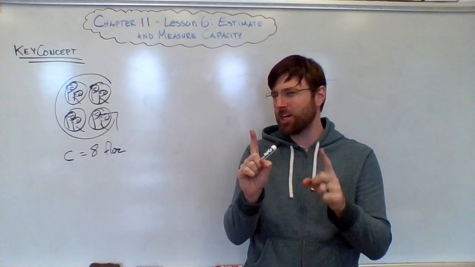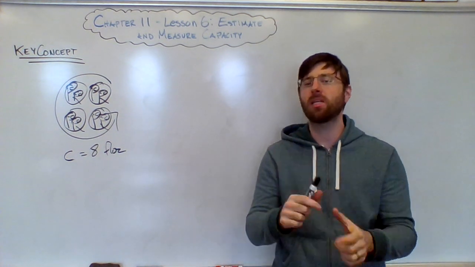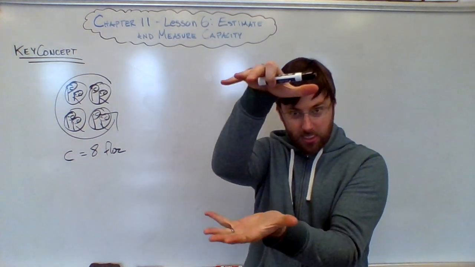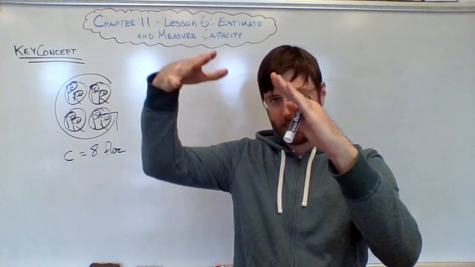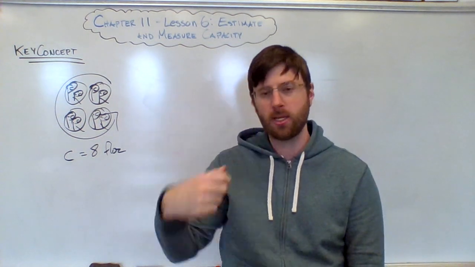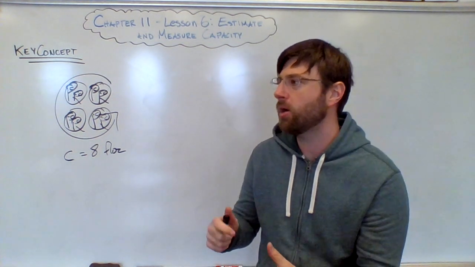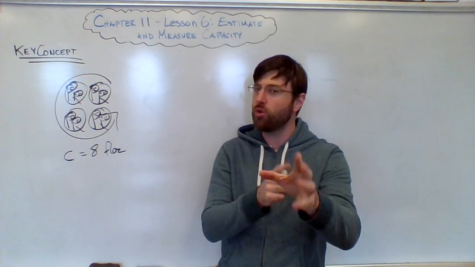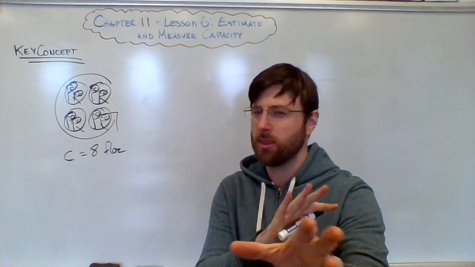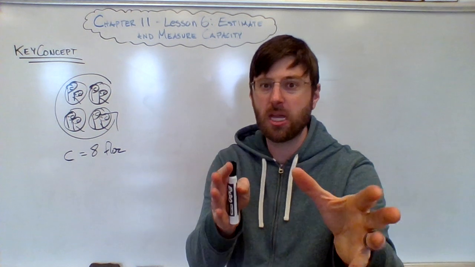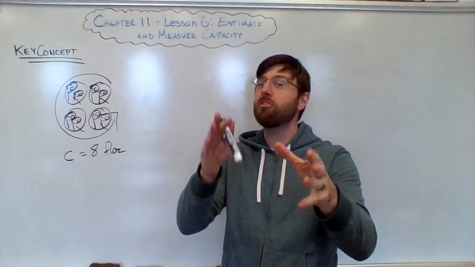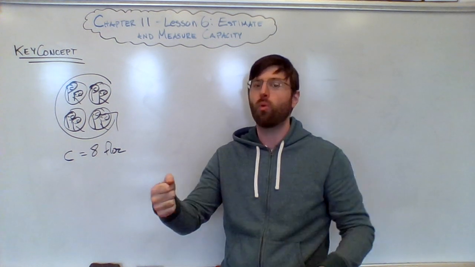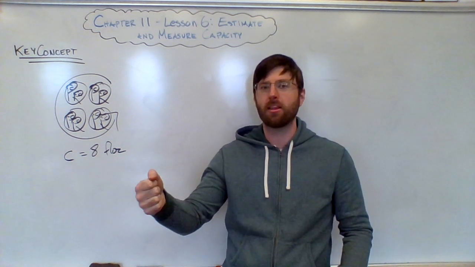Now that container, by the way, can be misleading for the actual space that a gallon takes up because it's shaped like this and it's got a handle with empty space on it. So the next time that you finish a gallon of milk at home, if that's something that you have, if possible, I want you to fill the empty jug with water and then pour it in a bucket.